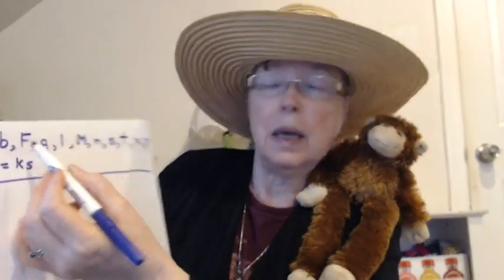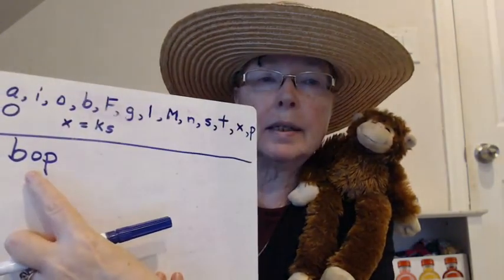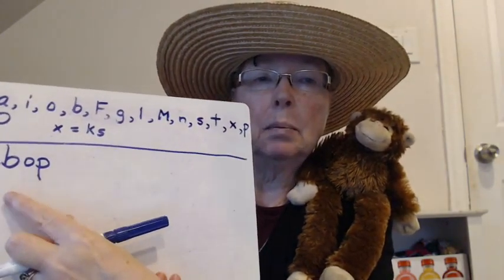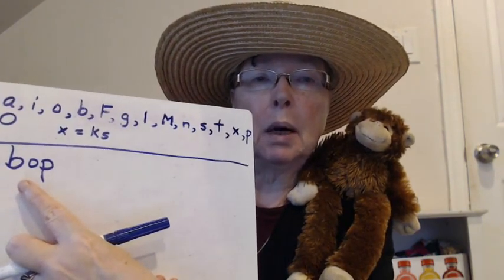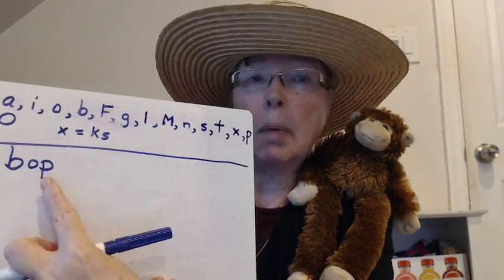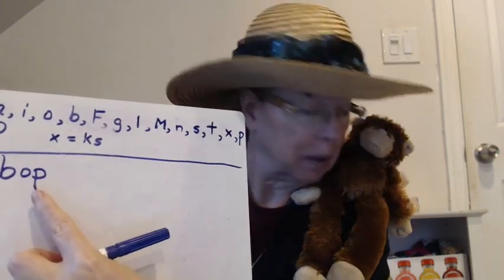We are going to start by bringing down the B, add OP. OP makes the sound of op. Put the B in front of it, B, and you get bop.